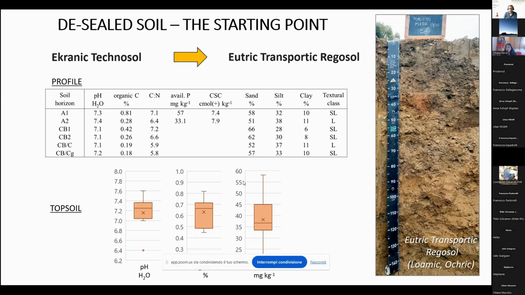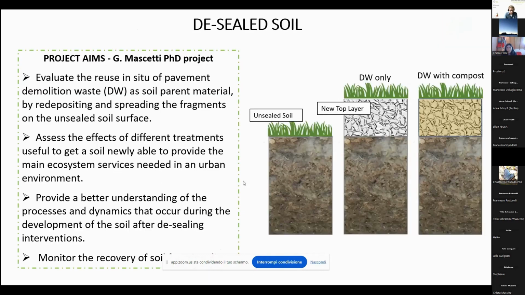And about contamination, we determined heavy metals, and we observed that there were some heavy metals, but very, very under the legal limit. So we started with a project, and this is also part of a PhD project of Gaia Mascetti.